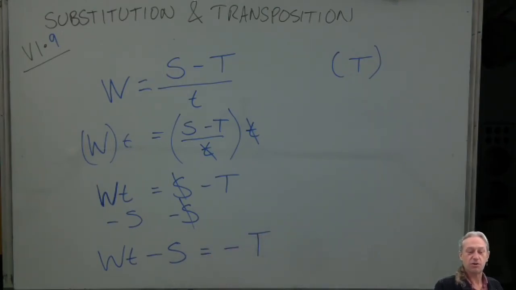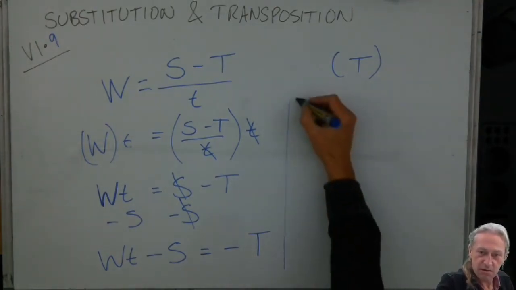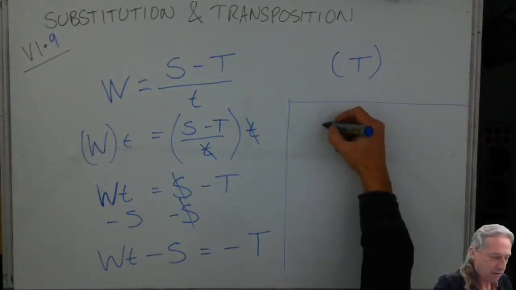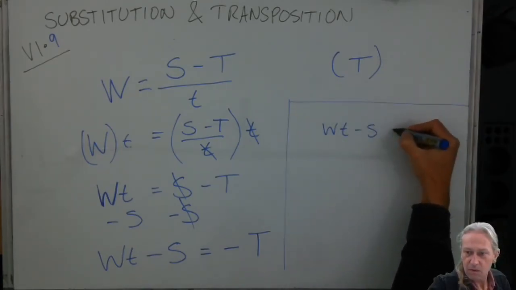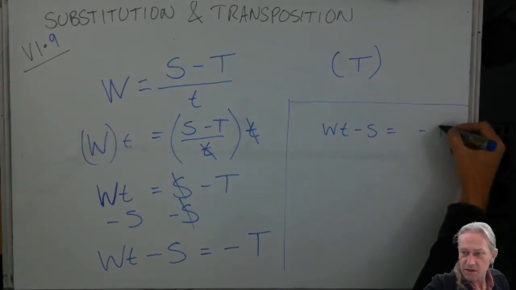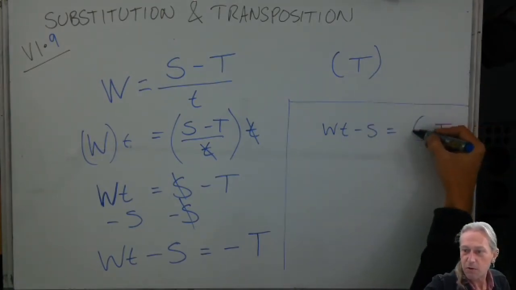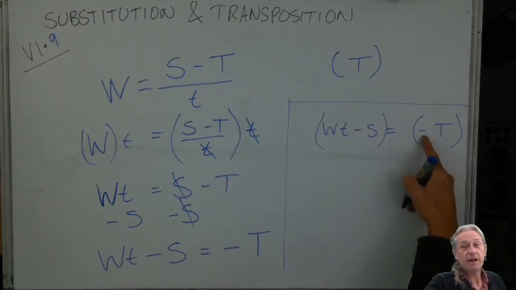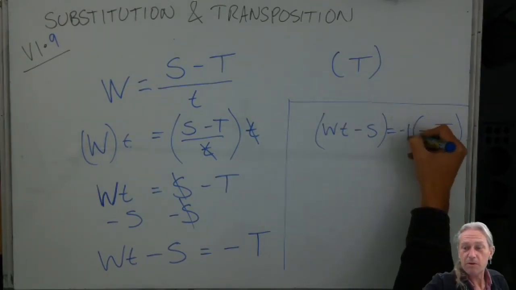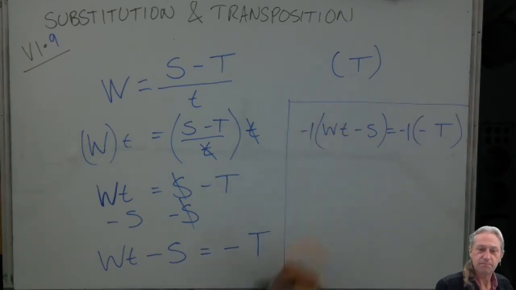So in order to make this go away, we can multiply or divide. Multiply would be easier. I'm going to rewrite this whole thing. Equals negative T. I'm going to put brackets around both of these. We want to get rid of that negative, so I'm going to multiply both sides by negative 1.